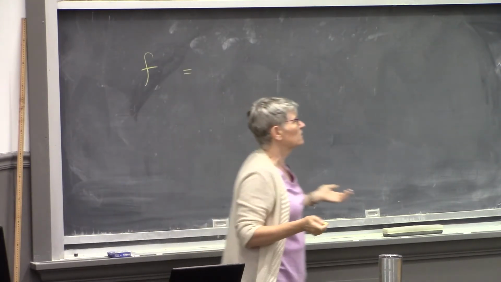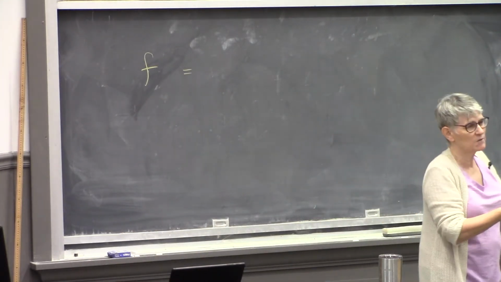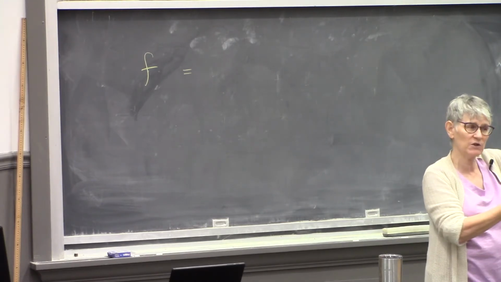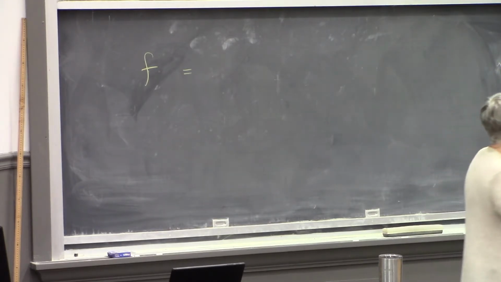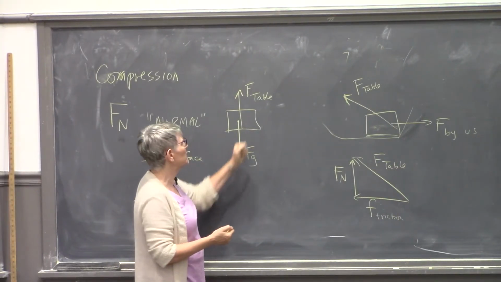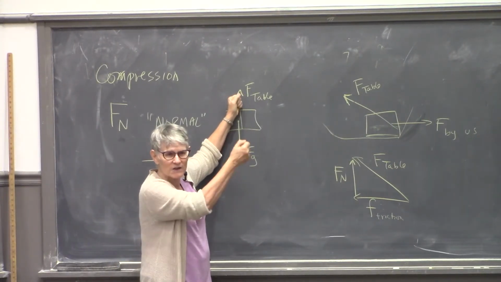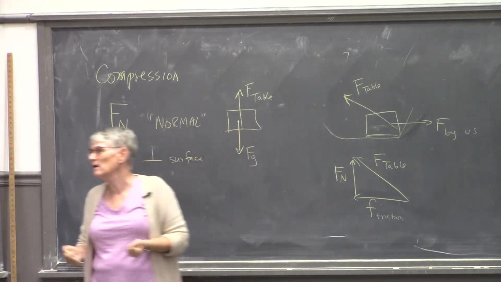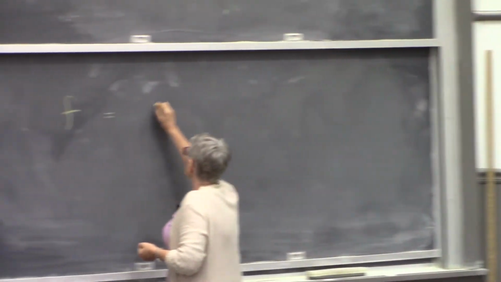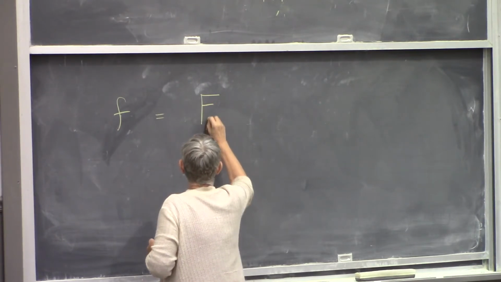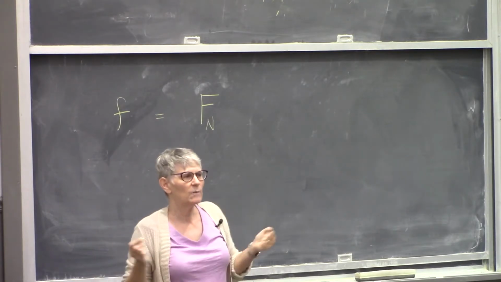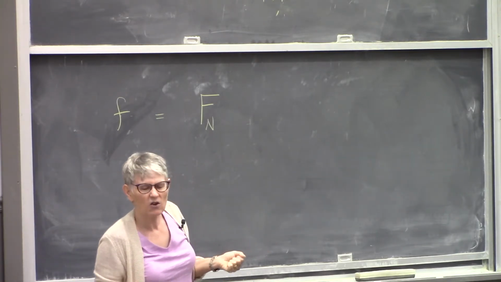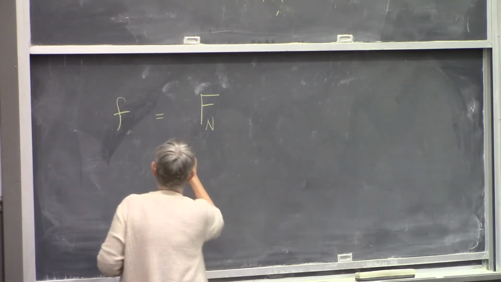So it depends on the mass of the object, but why does it depend on the mass of the object? It depends on how much those springs are compressed. So it depends on how big the force pulling the brick down into the table is, which is the same magnitude as the force pushing up by the table. So we often say friction is proportional to this normal component of the force by the table. And that proportionality constant is called the coefficient of friction.